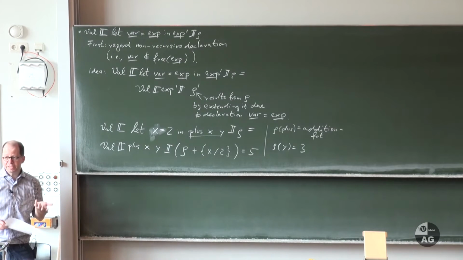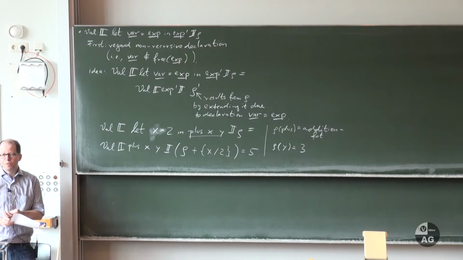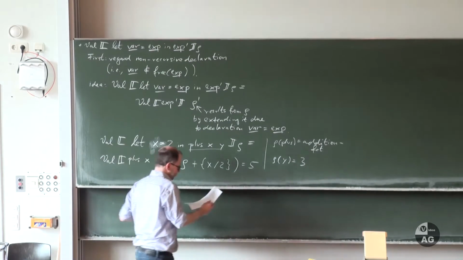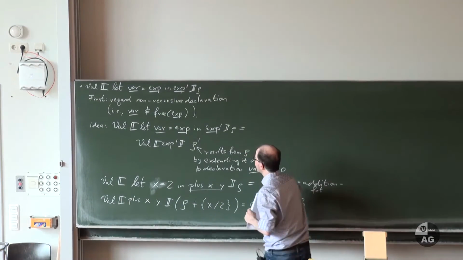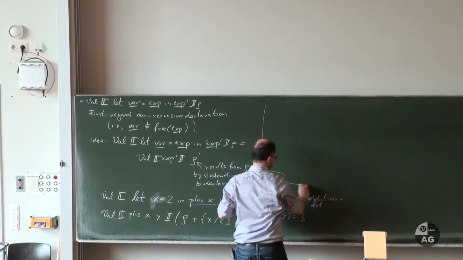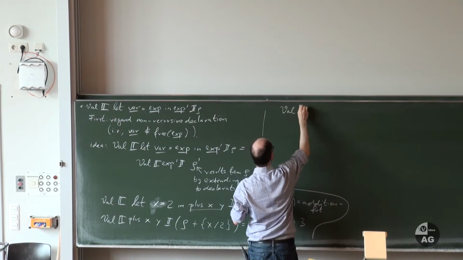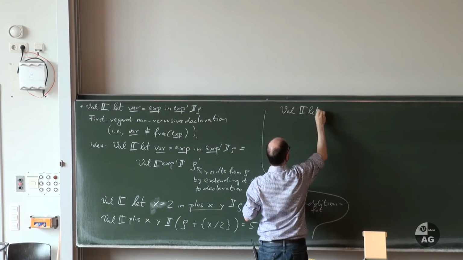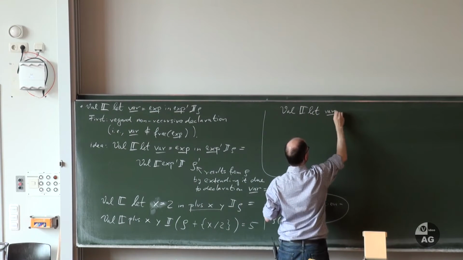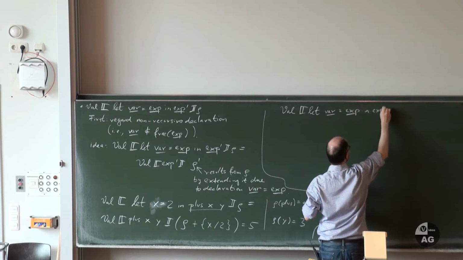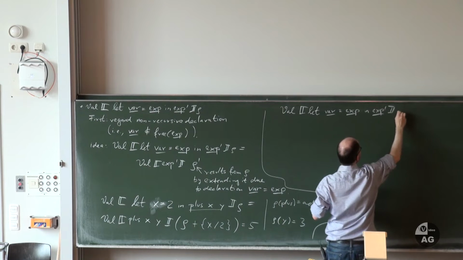So whenever we have a let expression, we have to extend the environment. So let's try to define this formally. How should we do this if we want to know what is the value of let var equals exp in x prime in some environment rho?